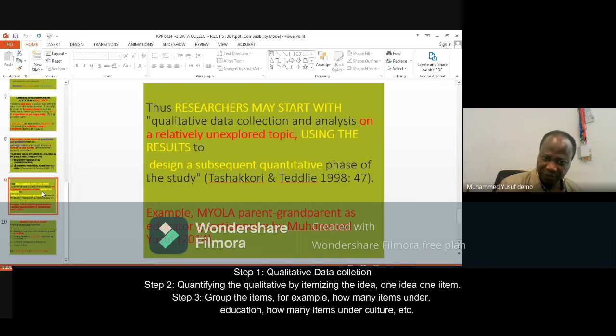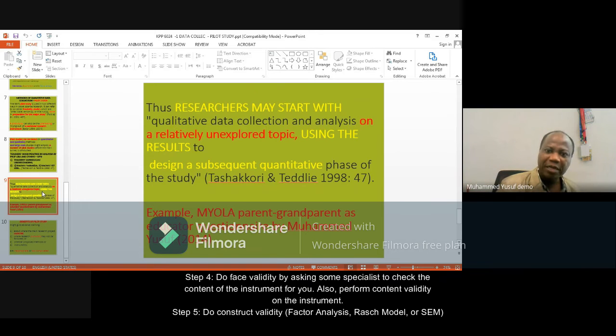Then I group it. Then when I itemize it, then I started quantifying the qualitative. From paragraph, I turn it to be items.